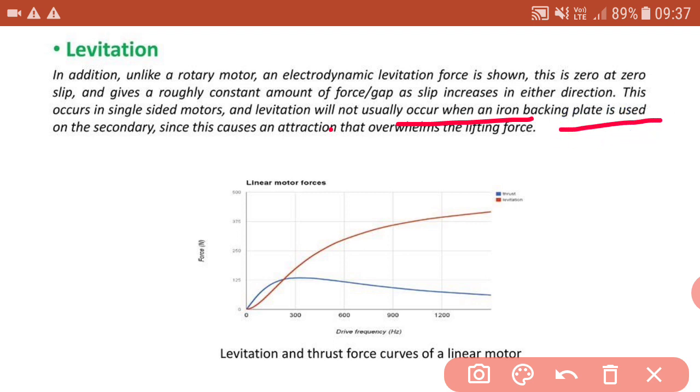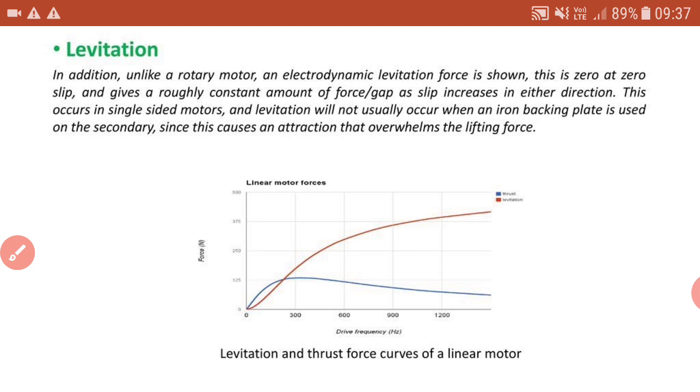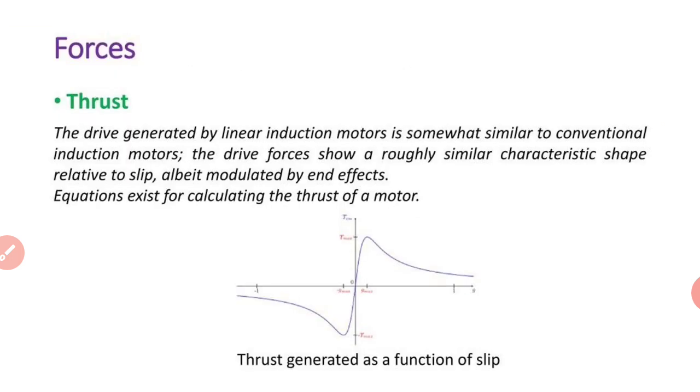If we make an iron backing plate the secondary, then there will usually be no levitation, since in this case the attraction overwhelms the lifting force.